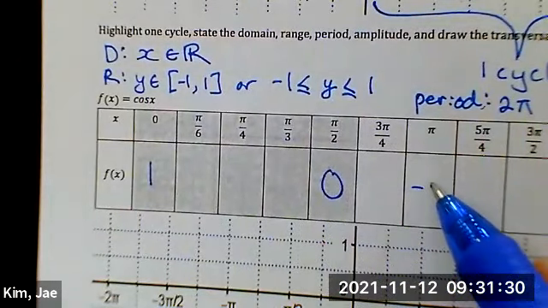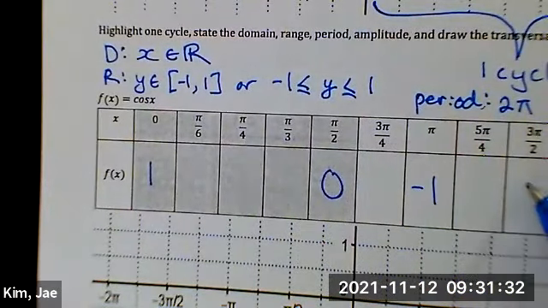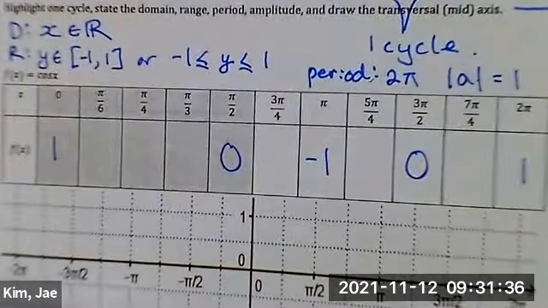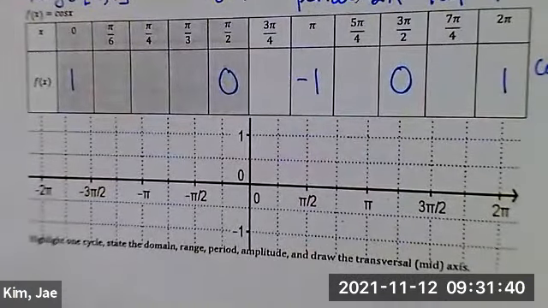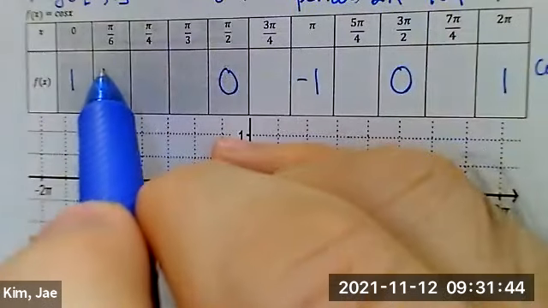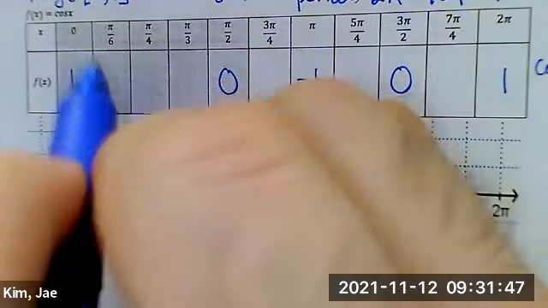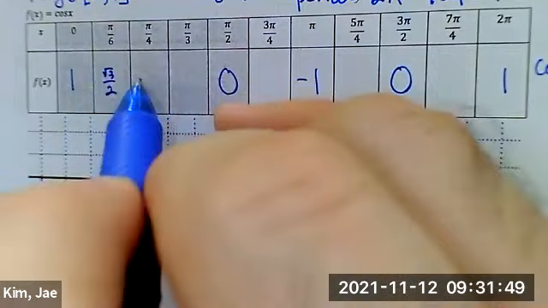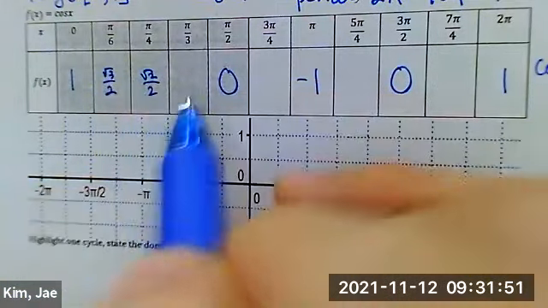At pi, it becomes -1. 3 pi over 2 becomes 0 and goes back to a 1. I'm wondering if you can draw this curve without any of the points in between. Now, I will write the numbers very small, but I don't think you need it. Try it first.